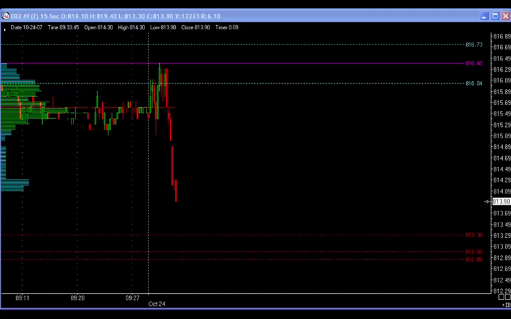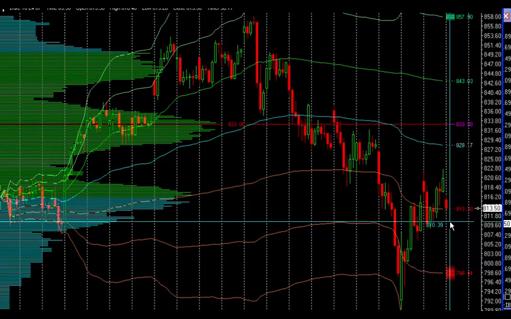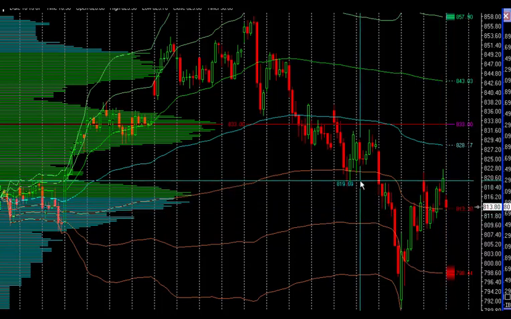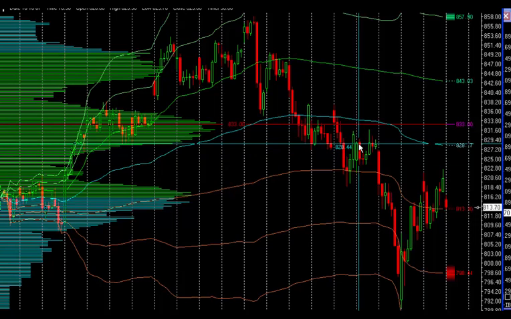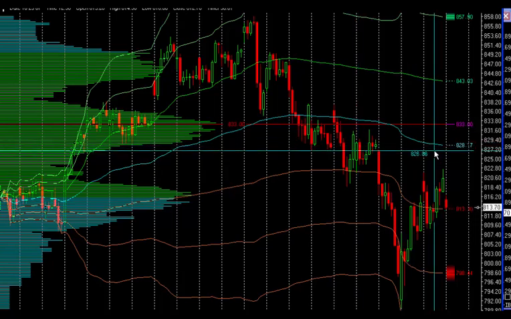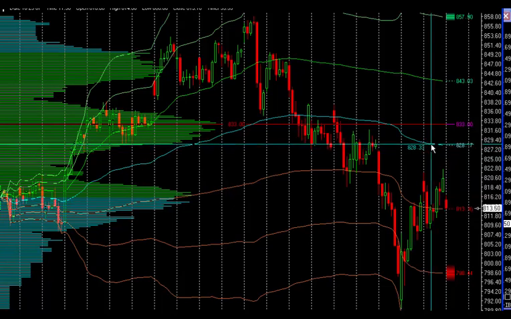813.30 is the first standard deviation below the VWAP of a 1-month chart, which you can see here. Okay, is the 813.30 first standard deviation below the VWAP at 828.17.